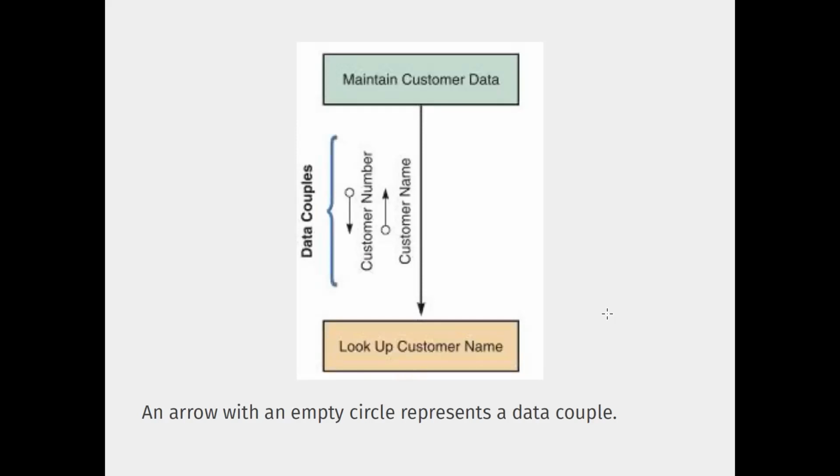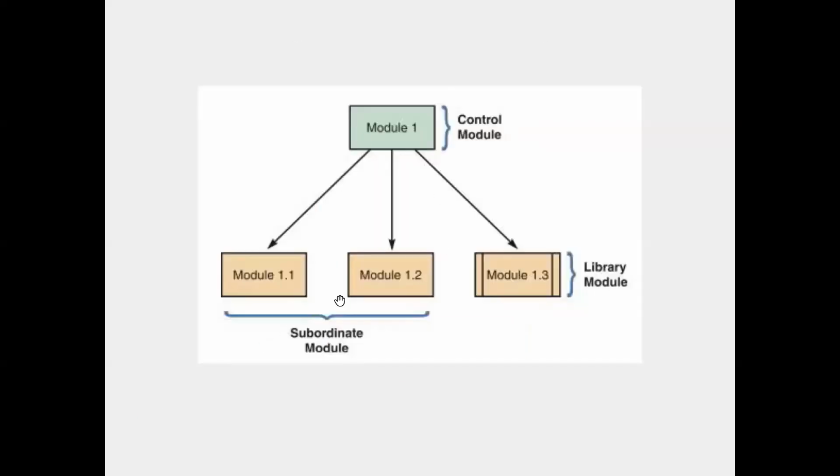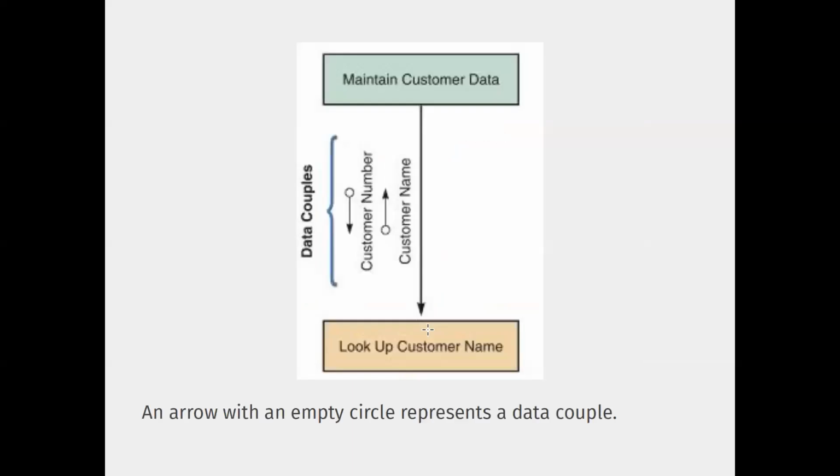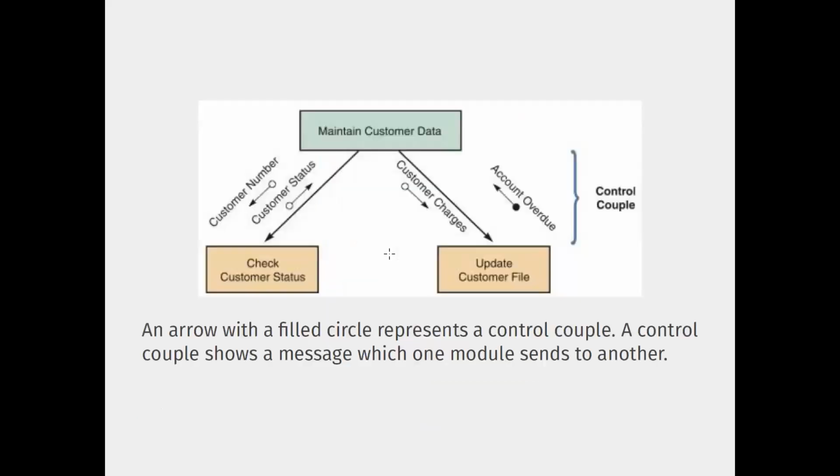Then when we are representing these, that means modules and their interaction with subordinate modules. For example, when you want to maintain customer data, one subactivity is you can look for the name. So you can write a customer name, you can send it, and then you can get the customer number. Right.